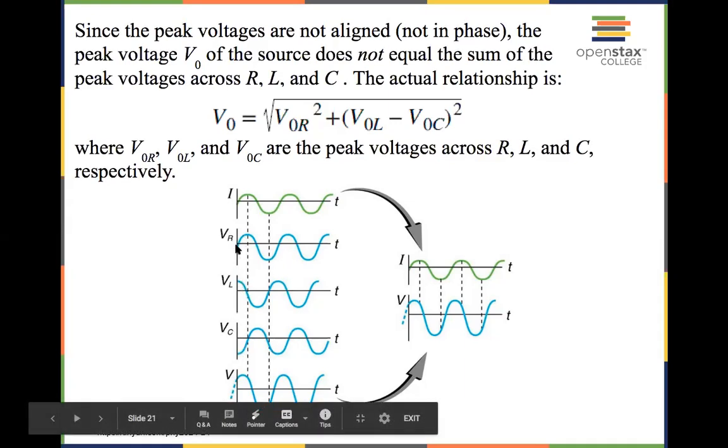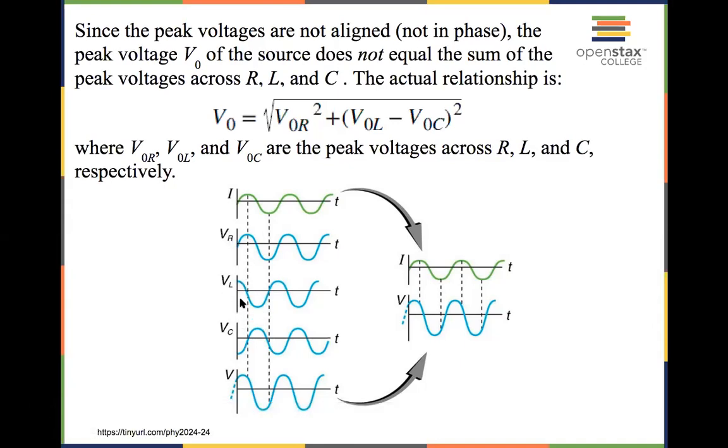The voltage on this one compared to the voltage vectors on these two differ by 90 degrees, so the vectors have a 90-degree angle, okay. Then the overall magnitude is going to be equal to one squared plus the second one squared, because the inductor and capacitor are in opposite directions. They differ by 180 degrees, so you want to take the difference of the two.